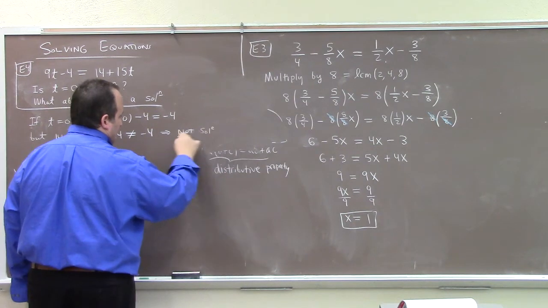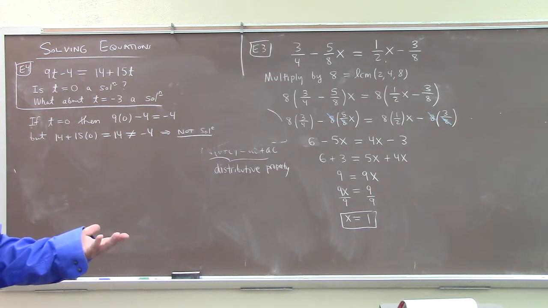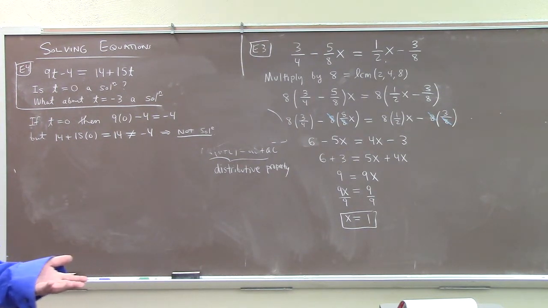For it to be a solution, when we plug the number into the equation, it should make the equation true. So if I plug 0 in, on the one side I get minus 4, on the other side I get 14, it didn't work. It's not a solution.